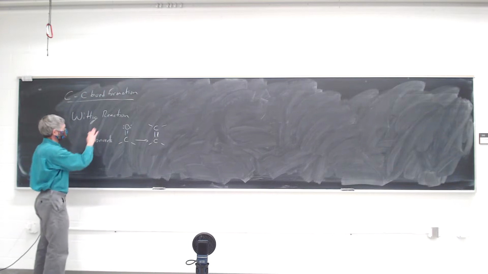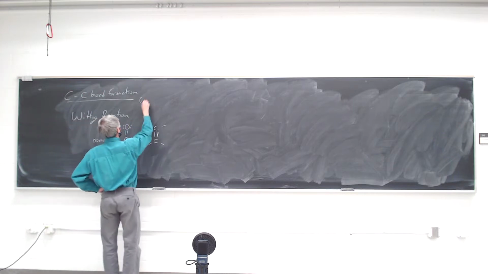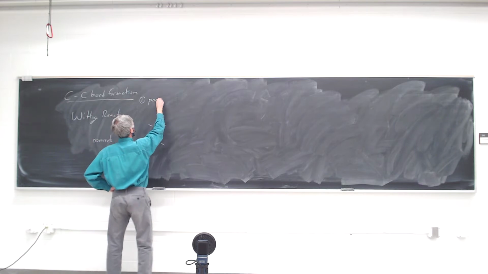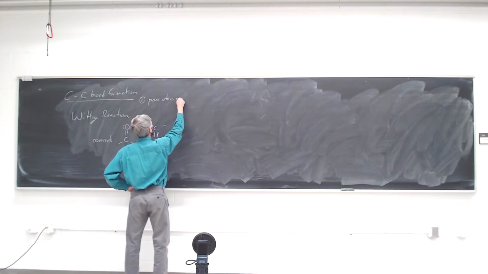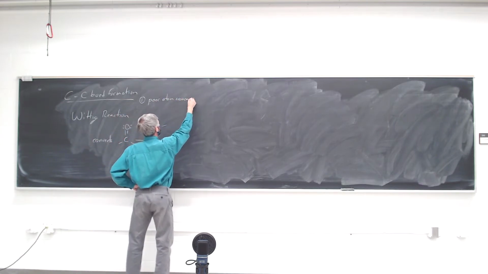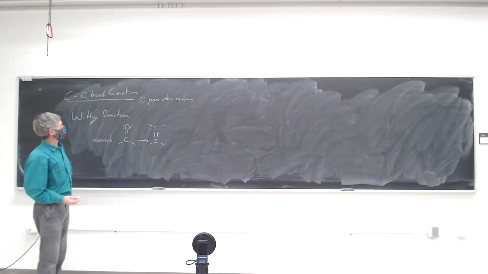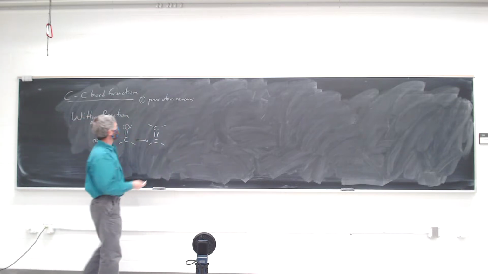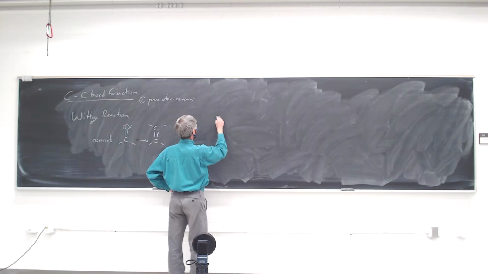The problem with the Wittig reaction, there are several problems. It has what we call poor atom economy because one of the reagents for the Wittig reaction is triphenylphosphine.